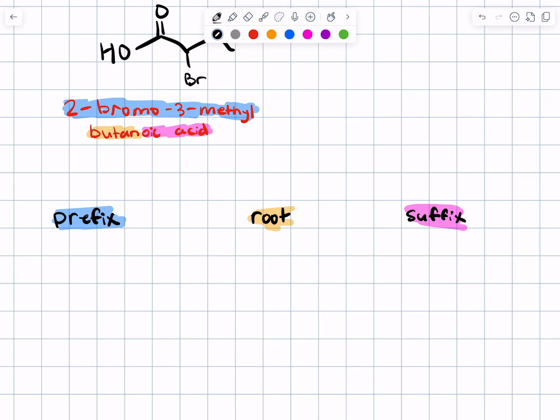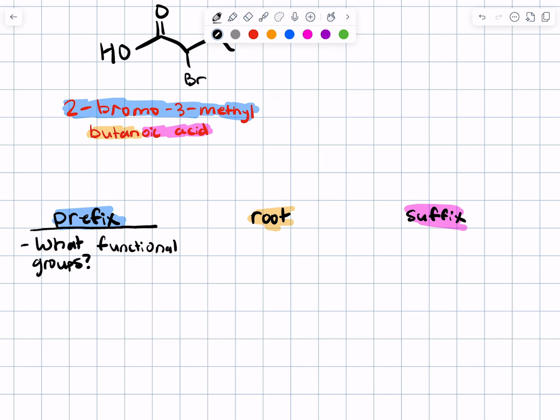What each of these are communicating is, first, our prefix is telling us what functional groups we have. By functional group, we mean what interesting portions of this molecule are there. So you see here there's a 2-bromo-3-methyl.